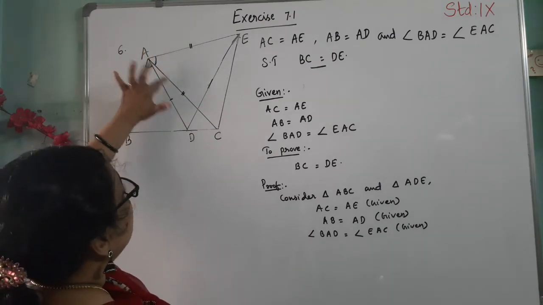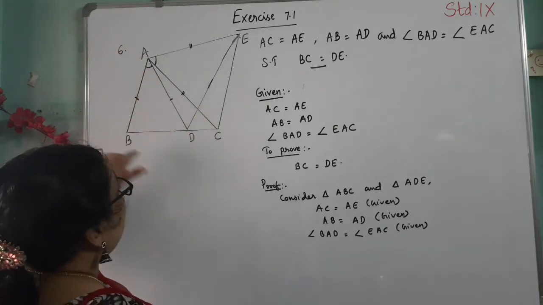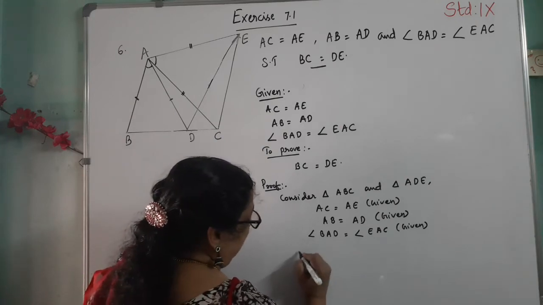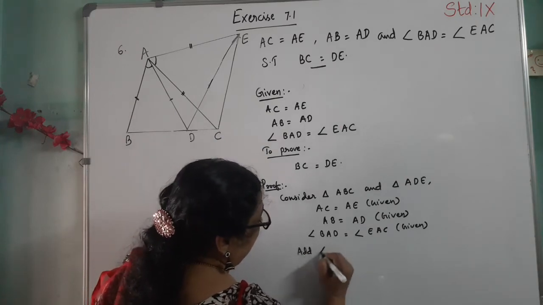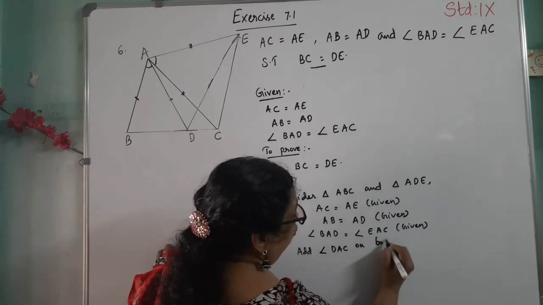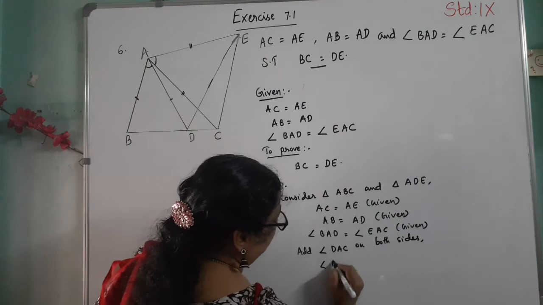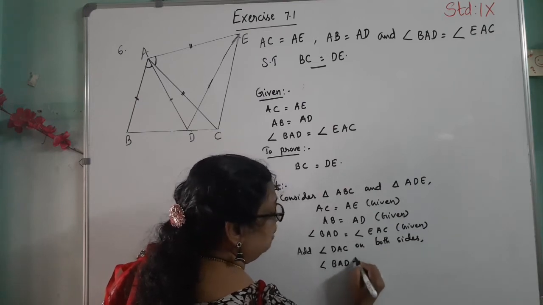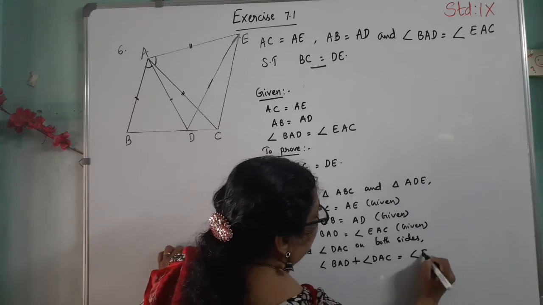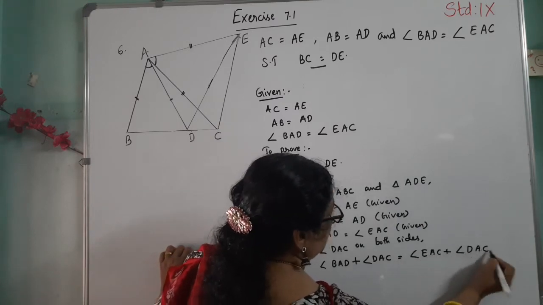So between them one angle, that is DAC, is there, so we can add angle DAC on both sides. Then angle BAD plus angle DAC equal to angle EAC plus angle DAC.